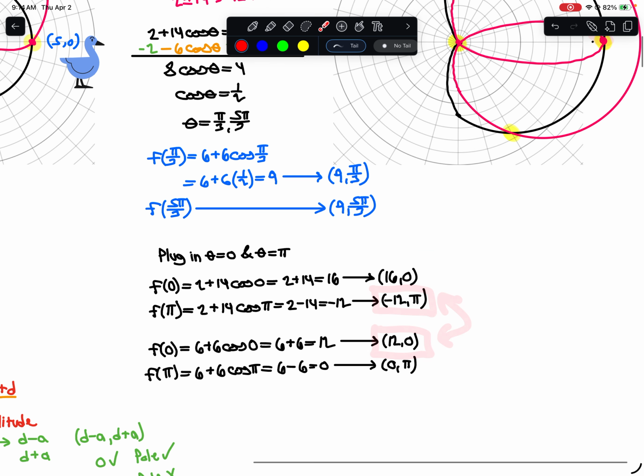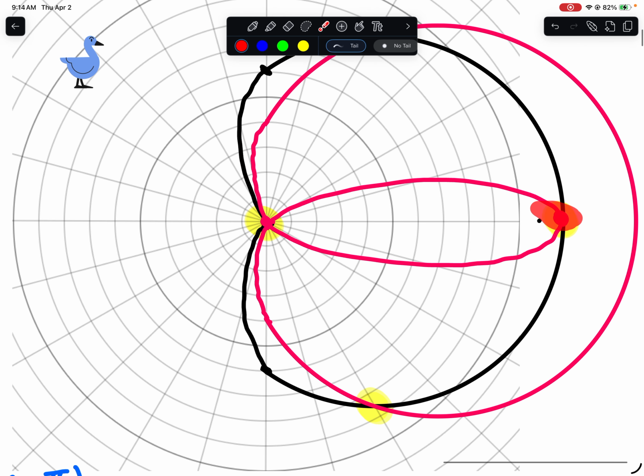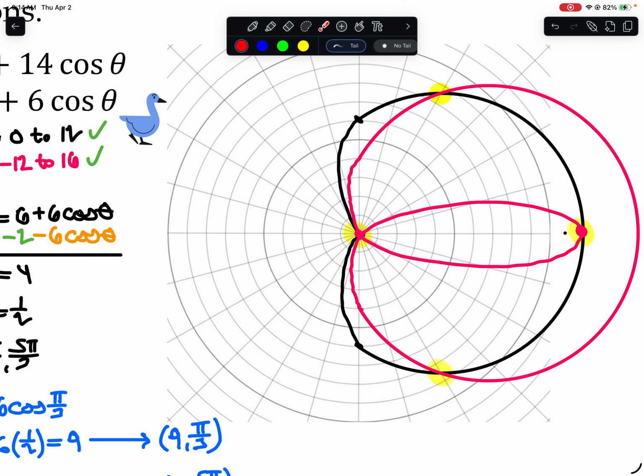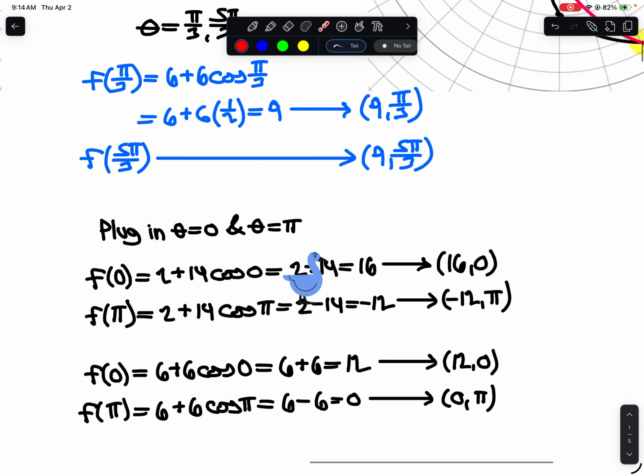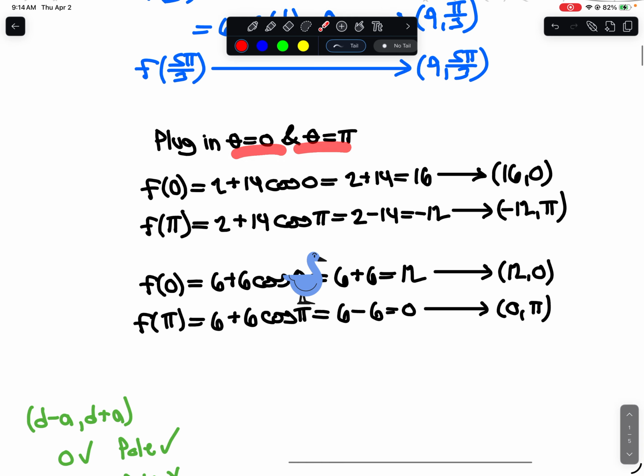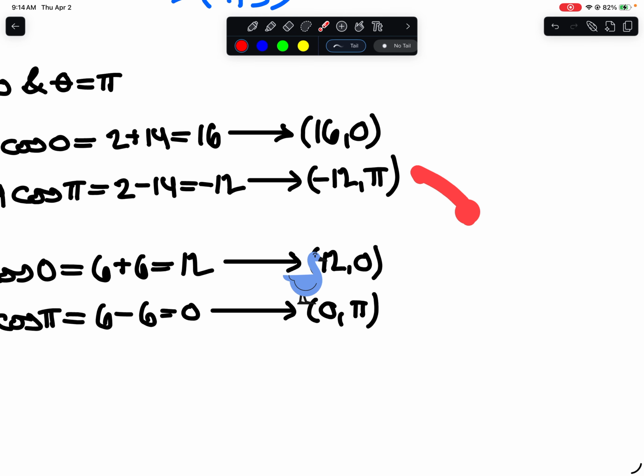So what I recommend that you do is look to see what point on your graph you did not get algebraically, and see in what direction that point is in. So I see that this is going towards 0, or it could be going towards pi if it's a reflected r value. So that's why I plugged in both 0 and pi. So that is what gave me these 2 points, which end up being the same point.